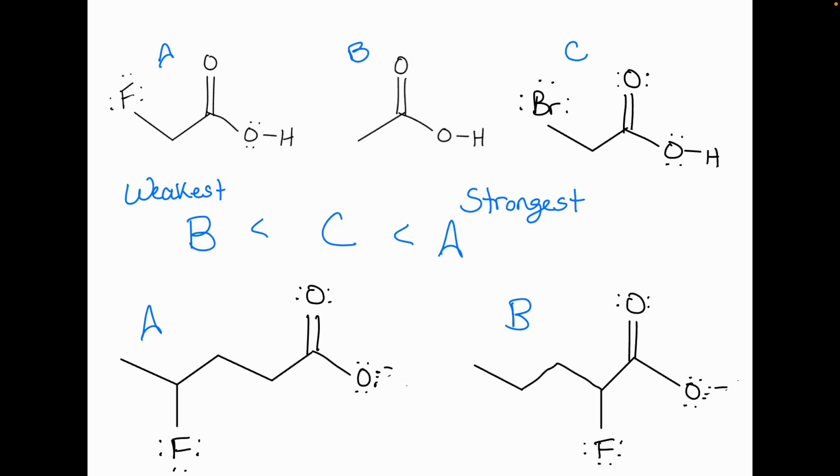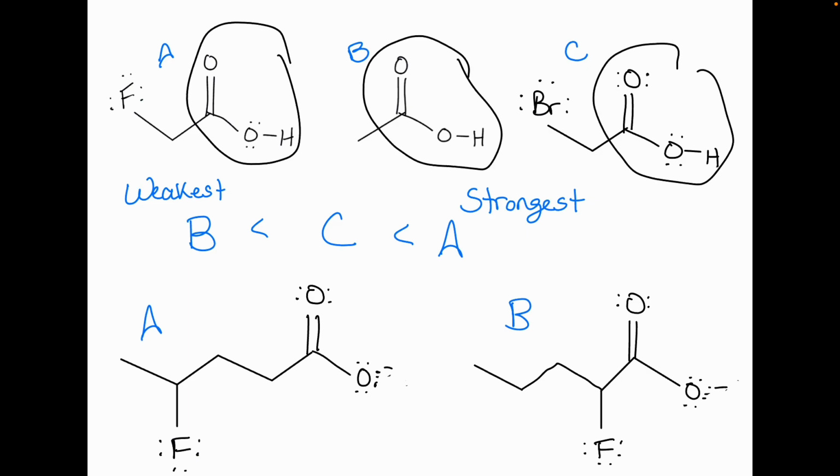Yeah, so the size of the atom holding the negative charge, but in this case, they're oxygens in all of them, right? So to be clear, your examples have to be semi-similar for you to compare them. Okay, so yes, these all have the same carboxylic acid group. That's where the negative charge is going to be, right? But the question is, is that being stabilized through induction by a nearby element?